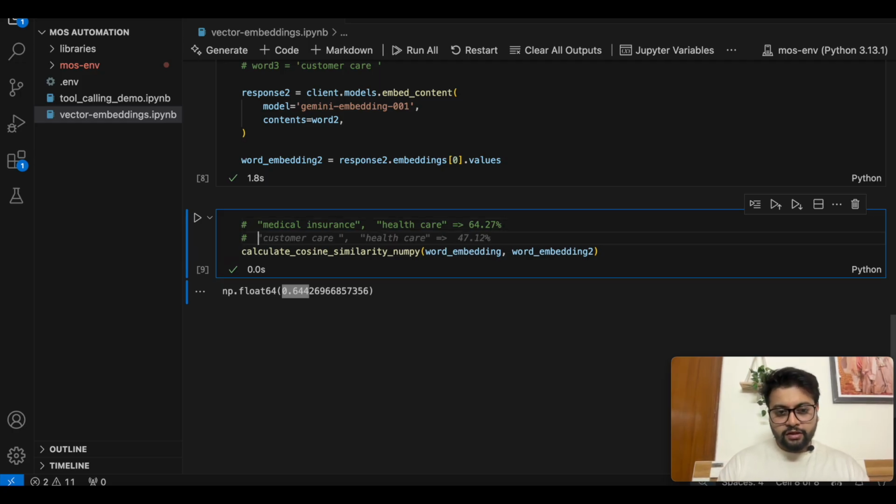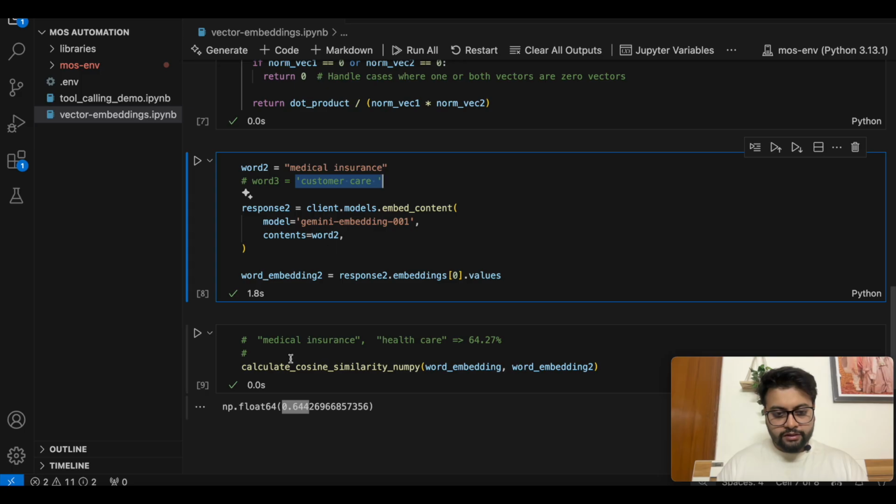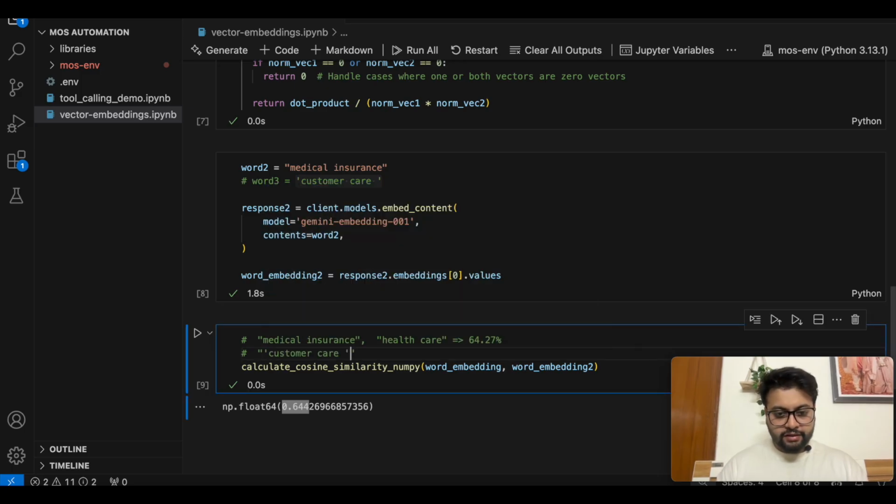Now let's think about an interesting thing here. Let's take another phrase, which is customer care. There is a reason I am taking this phrase, and we're going to compare it with healthcare, right? And we'll expect a lower similarity because healthcare and customer care are different.